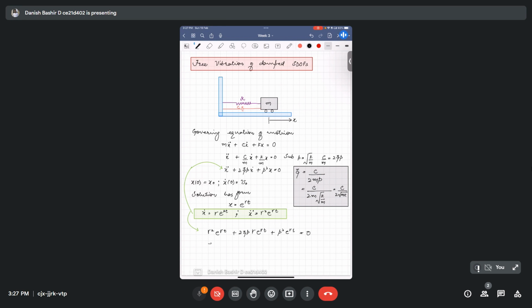If we take e power r t as common, we will be left with r square plus twice theta p r plus p square equal to 0.